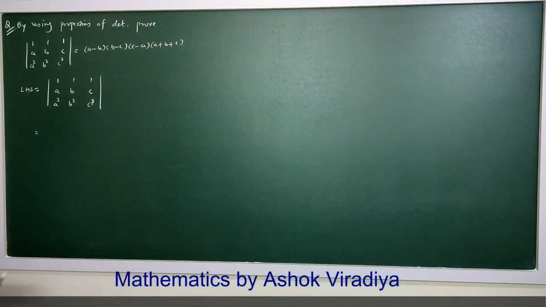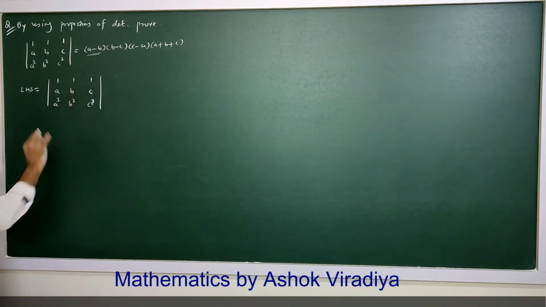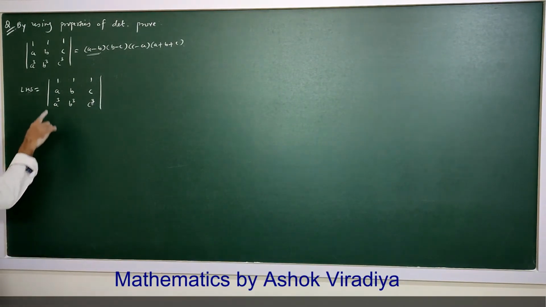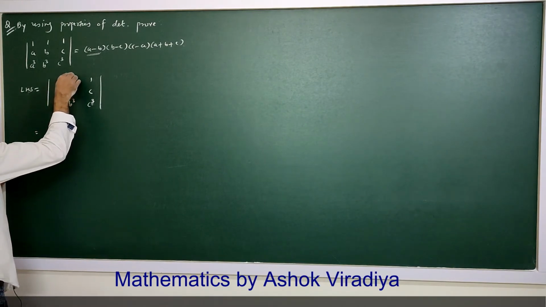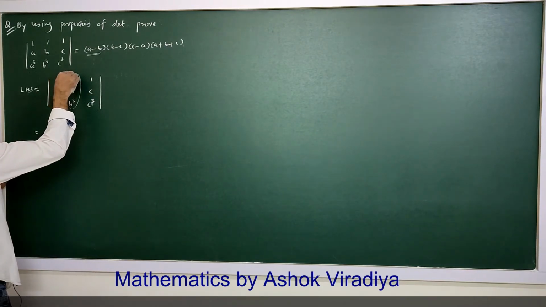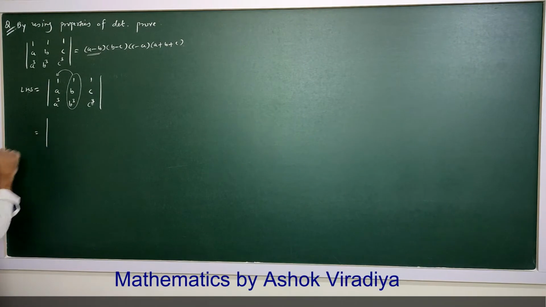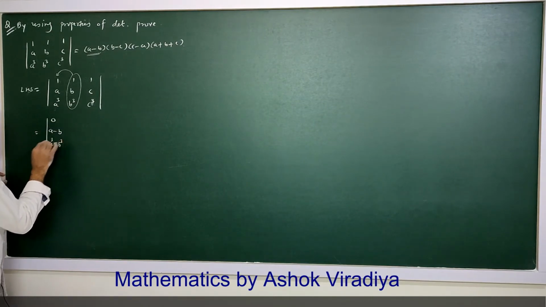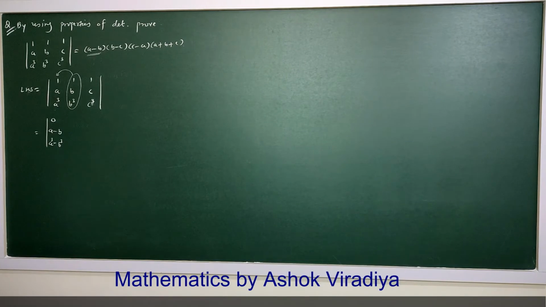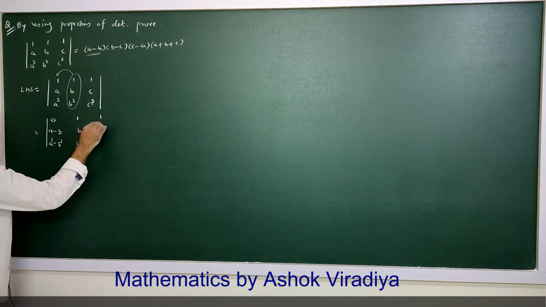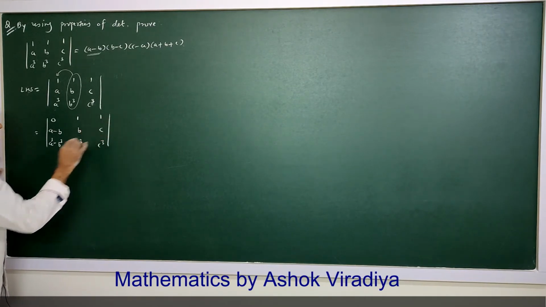So see, first of all, focus on A minus B. To get A minus B, here this is A, this is B. If I subtract the second column from the first column, then 1 minus 1 is 0, A minus B, A cube minus B cube, 1 B B cube, 1 C C cube.